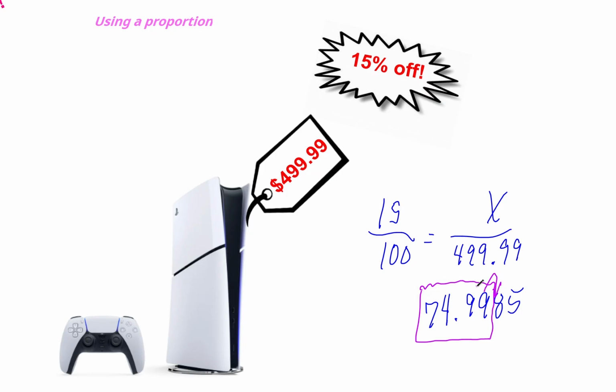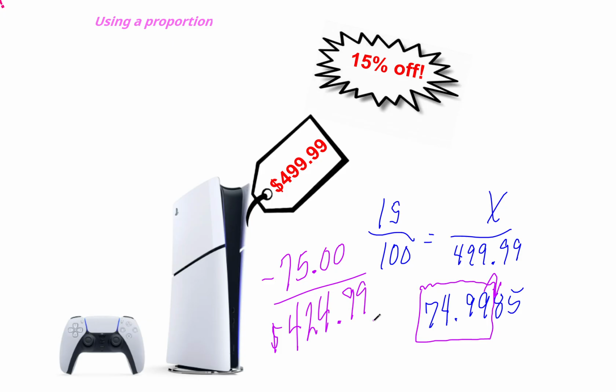This number right here tells me to bump it up. So I get to take away $75. So $499.99 minus $75. The new price is $424.99. So you saved quite a bit of money, 75 bucks.